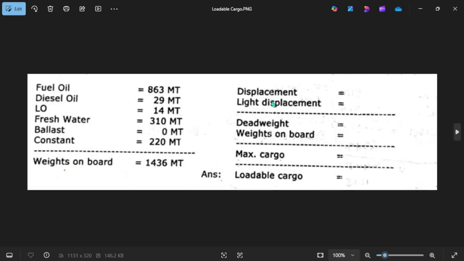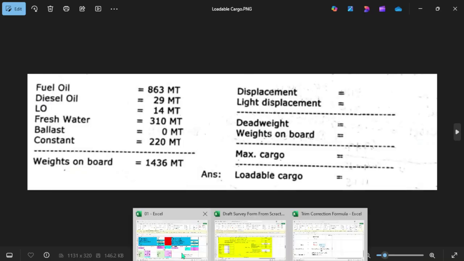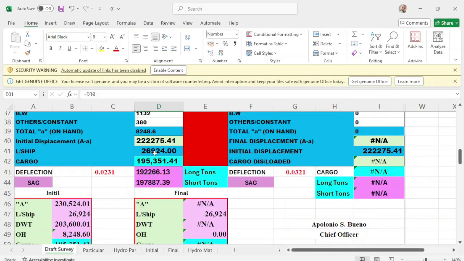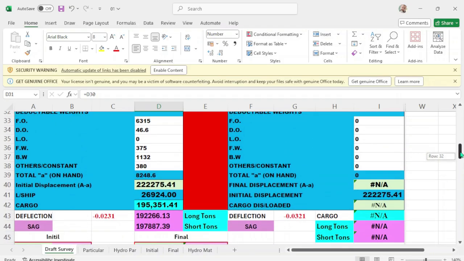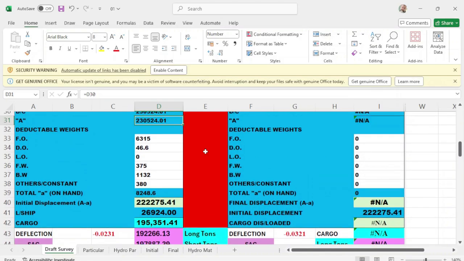So displacement minus light shift will be your dead weight. Then you minus your weight remaining on board, which is your initial displacement minus your light shift.